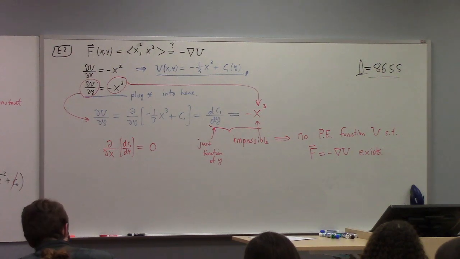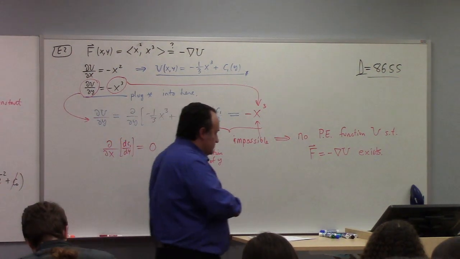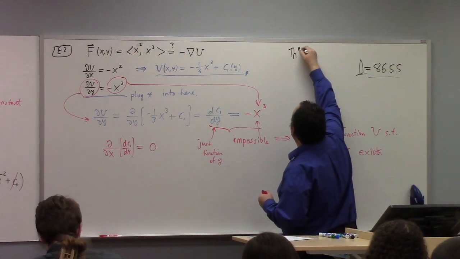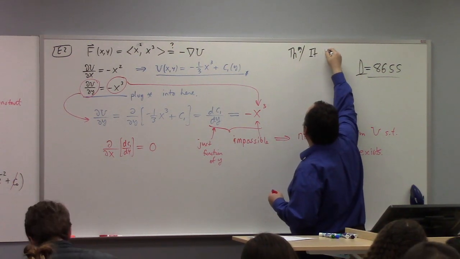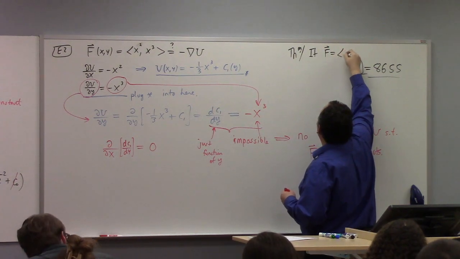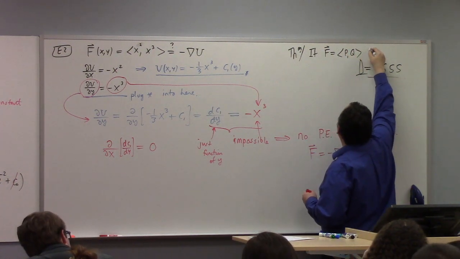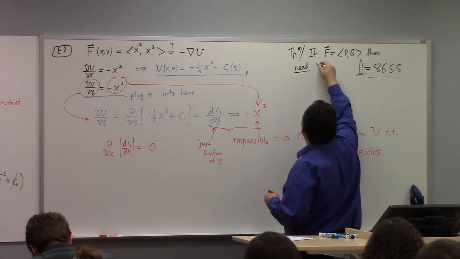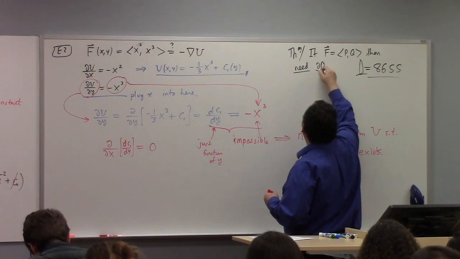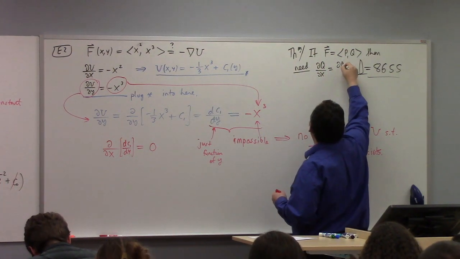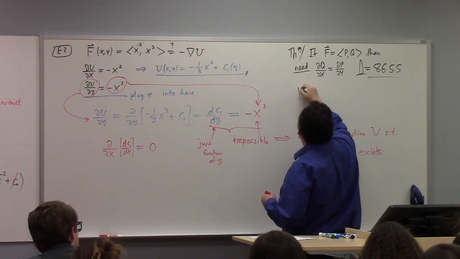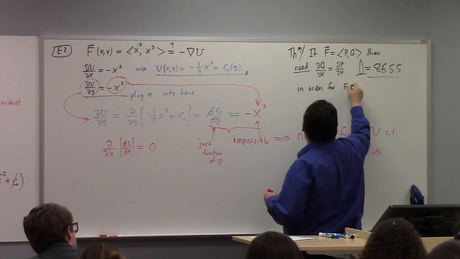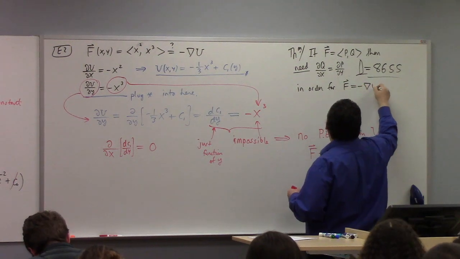I will tell you guys another helpful theorem to know about. If your vector field is like P comma Q, then you need that partial Q partial x has to be equal to partial P partial y in order for F to be equal to minus the gradient of the potential energy.